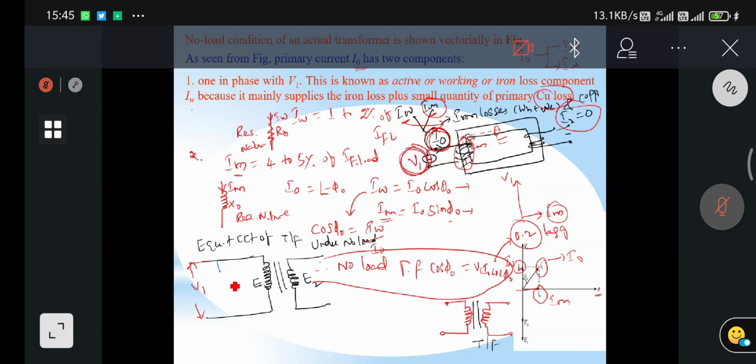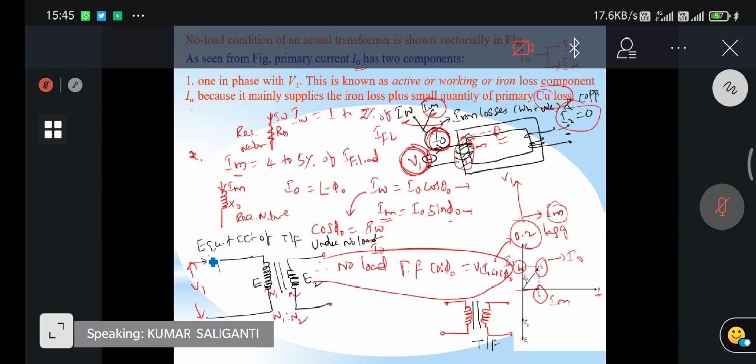Here N1 turns, N2 turns, N1 is to N2. The secondary side is open here. Next, there will be a current, the I naught current, which takes two component currents here.